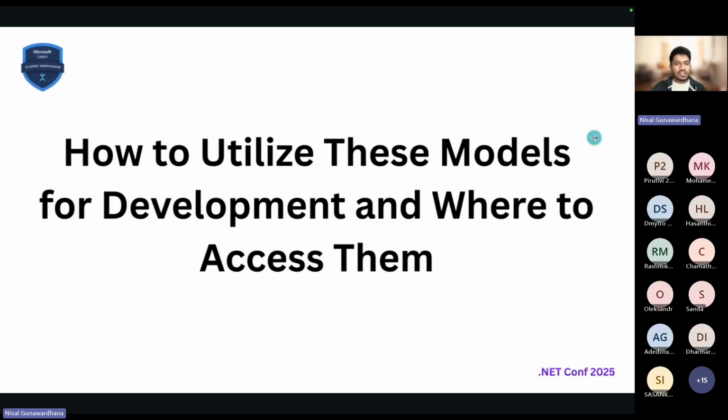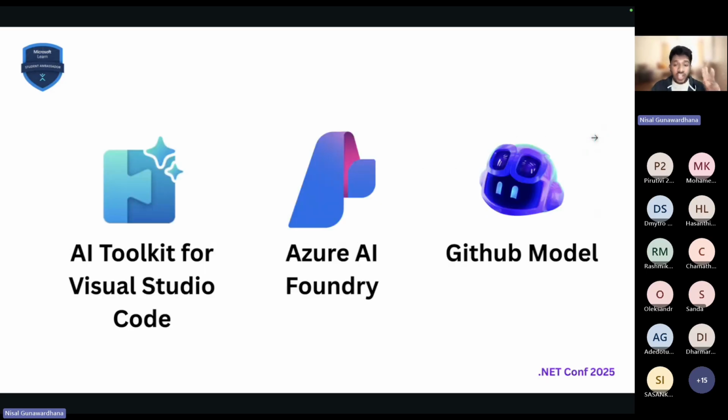Guys, Microsoft introduced three types of tools. The first one is AI Toolkit for Visual Studio Code, the second one is Azure AI Foundry, and the third one is GitHub Models. Using these three tools, we can access already existing models. So let's explore one by one.